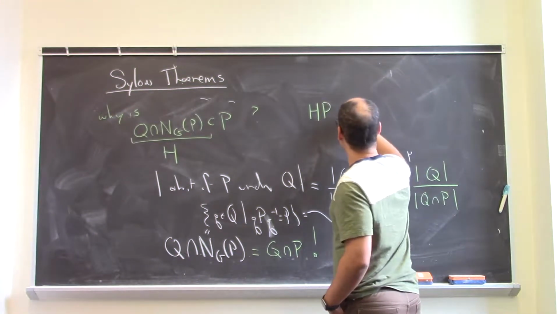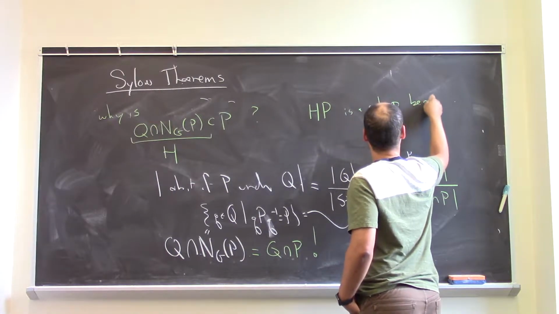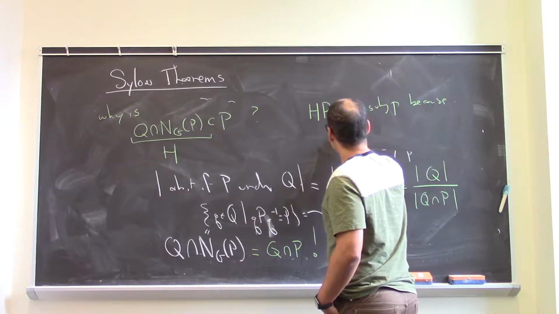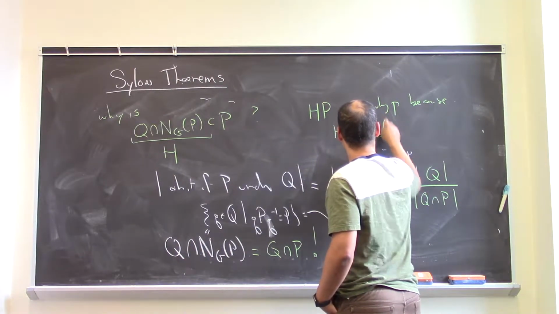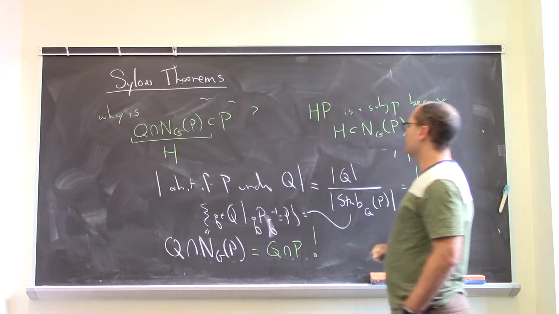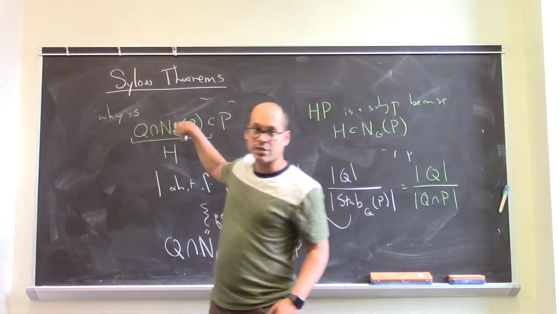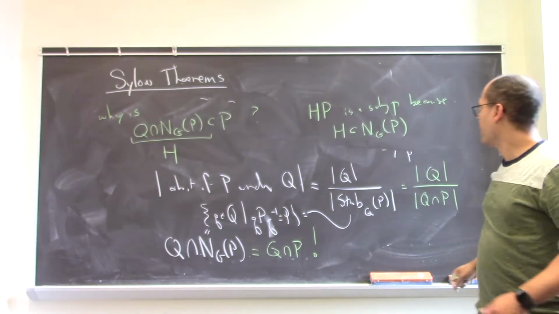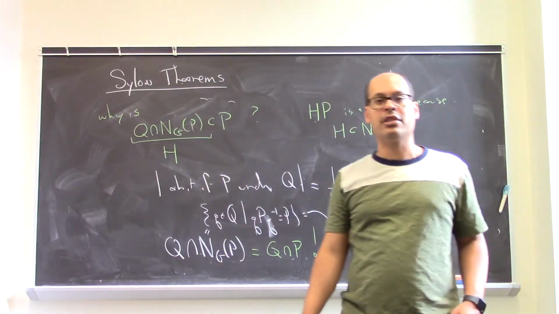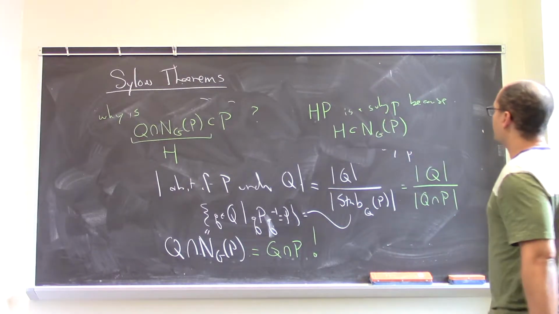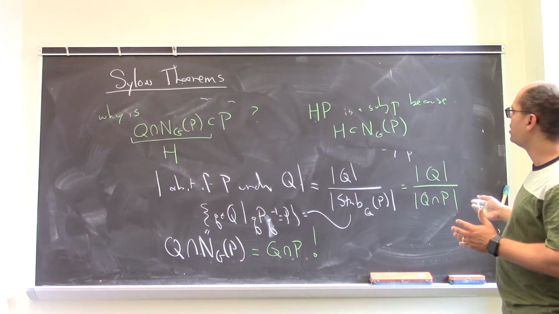It is a subgroup because H normalizes P, right? By definition, H is in the intersection, so it's inside the normalizer. And so that means I can reverse the multiplication, reverse these factors, and that means this is a subgroup. Okay, so this is a subgroup.